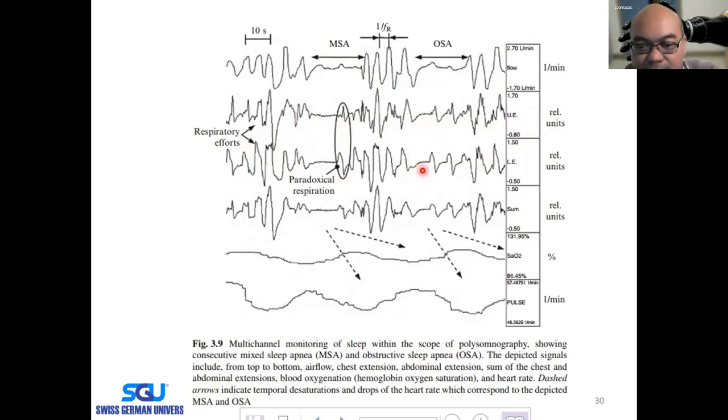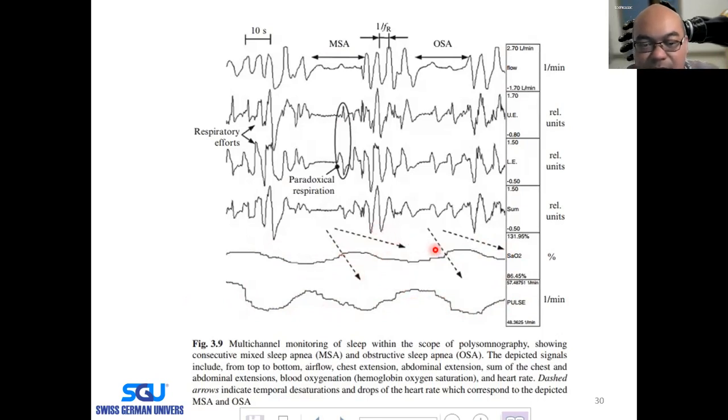Then the sum of the chest and abdominal extension. This signal represents the relative sum of the two. Then this one is blood oxygenation, hemoglobin oxygen saturation, usually measured using optoplethysmogram. And this one is the heart rate variability, the HRV, which can be measured using ECG, MCG, or other methods.